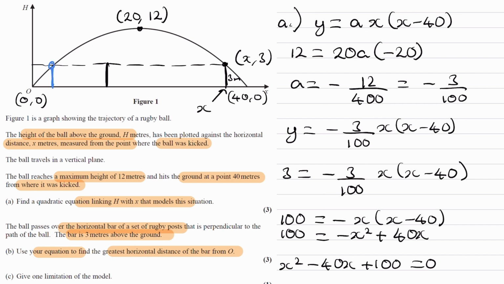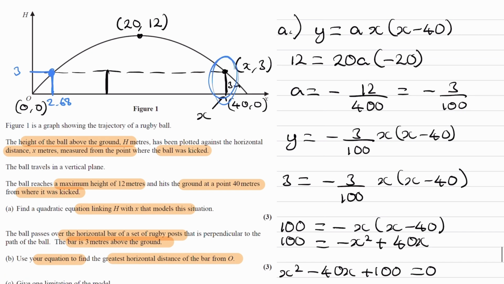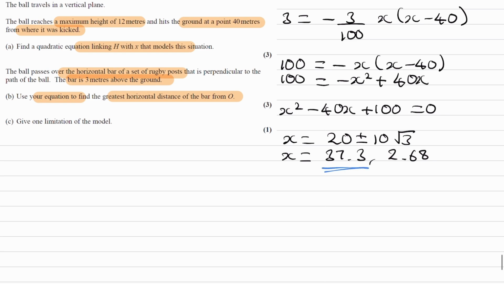The path of the ball is such that the height of it is 3 meters at that horizontal distance of 2.68. But that's the closest distance that the post can be to the place where it's kicked. So the furthest distance is obviously going to be this one over here. That bigger distance is 37.3. That is our answer to part B.